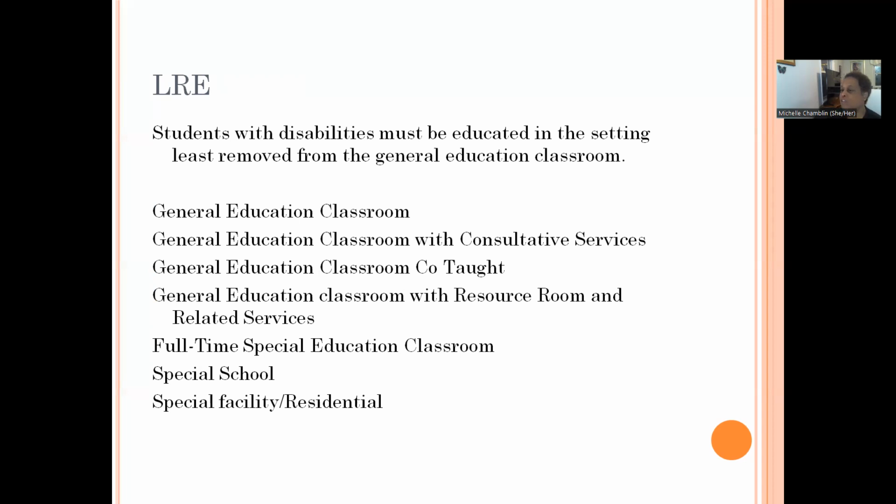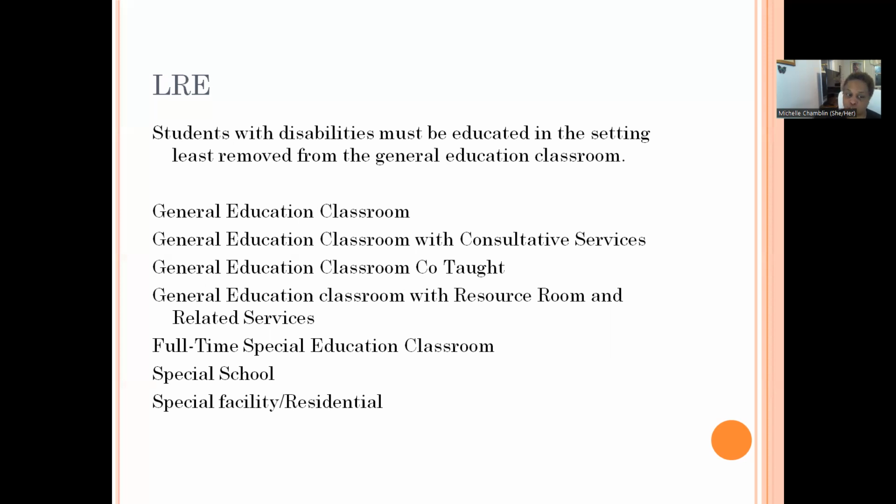So if the general education classroom is the least restrictive environment, how do we move from least restrictive to most restrictive? In special education, we have the continuum of services. And as we move towards the end of the continuum, we get more restrictive.